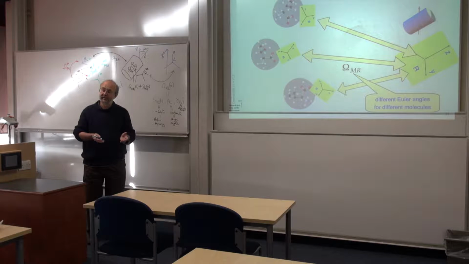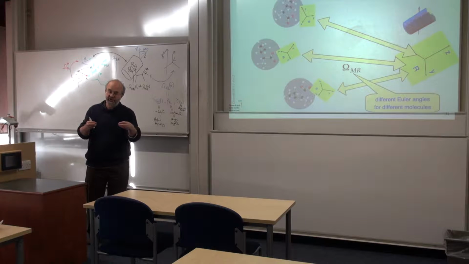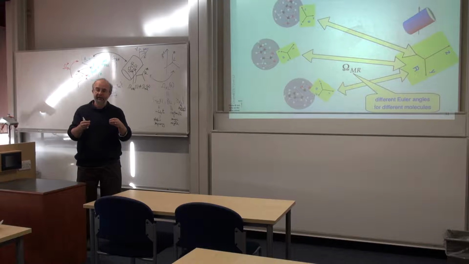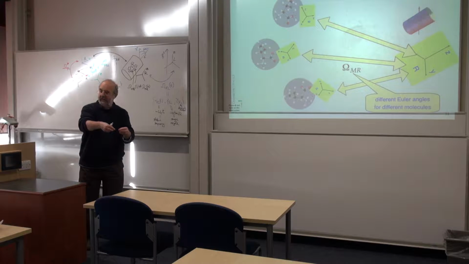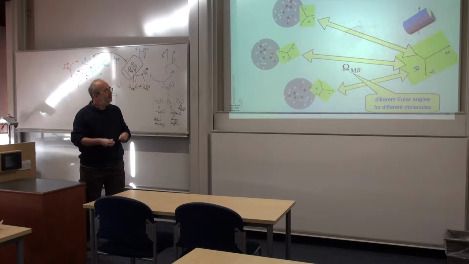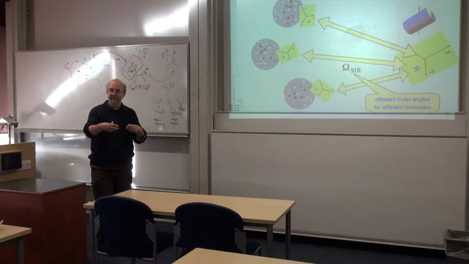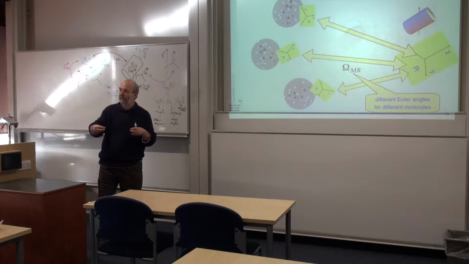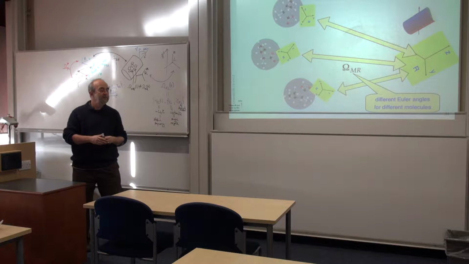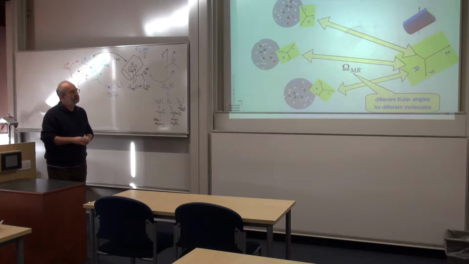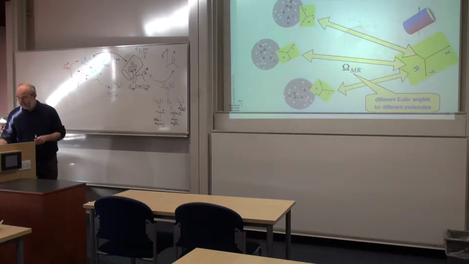But there are also cases where you have oriented samples. Suppose you take a fiber, like we saw last week, you stretch it, you orient the molecules in a certain way, and then you mount the fibre in the magic angle spinning rotor so it has a certain orientation, then omega MR wouldn't be completely uniformly distributed. It would tend to be more likely to have certain angles in certain directions because you've oriented the molecules. That's also a possibility.